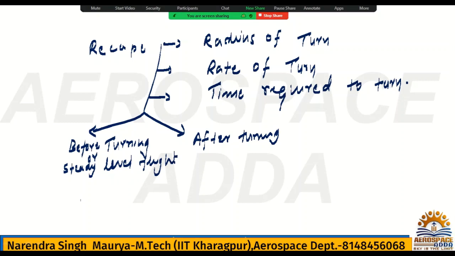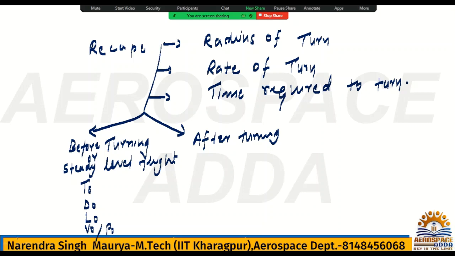In steady level flight, say thrust was T naught, drag was D naught, lift was L naught, velocity was V naught, and required power was P naught.